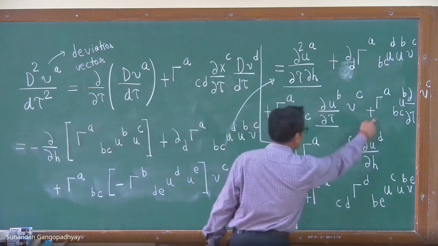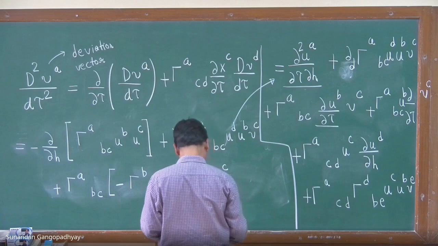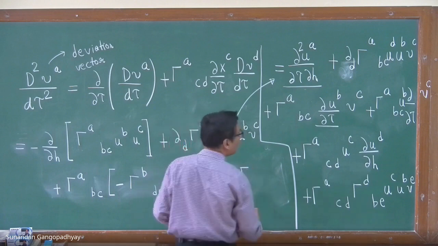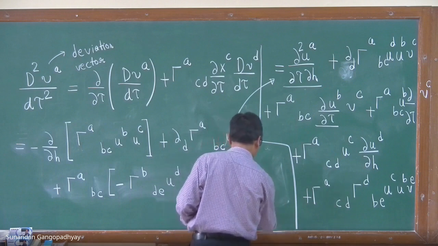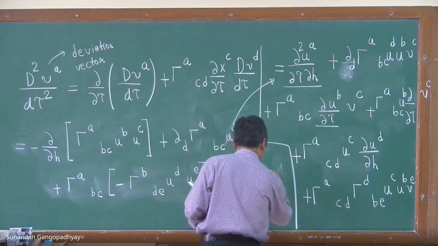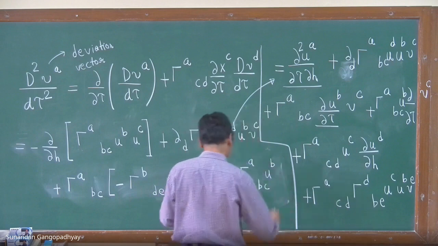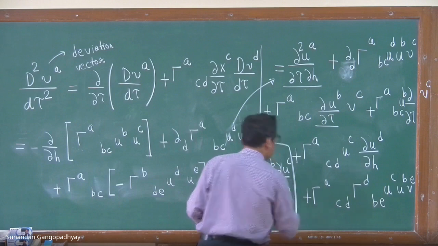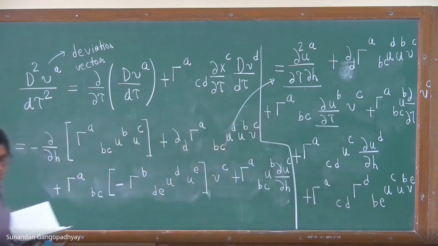Now we have this fourth term. For the fourth term, what we shall do is write this as gamma A BC UB del UC. See, we have used that commutativity relation once again.